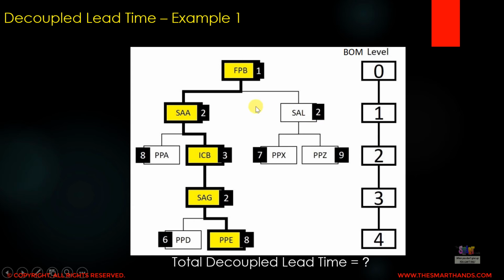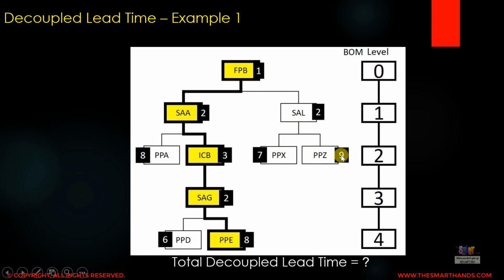For example, here you can see the yellow points. Anything which is yellow, the system is considering as the total lead time, because this is the longest path. If you look at the right hand side, the longest lead time: 1 plus 2 is 3, and not 7, we'll consider 9, which is the longest.